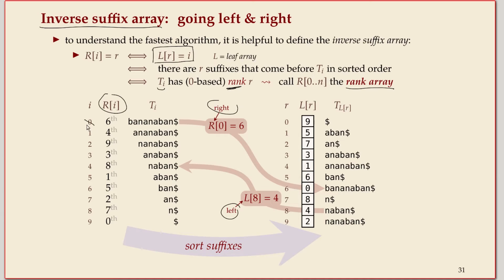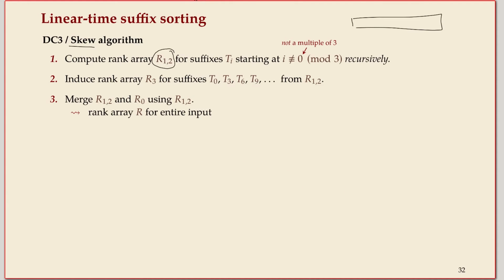So this one we wouldn't take, but this one, this one, this one not, this one, those are the ones that are included in R12, right? Not this one, this one, not this one. That's what it does. It says take those that don't start at a multiple of 3 and recursively sort those.